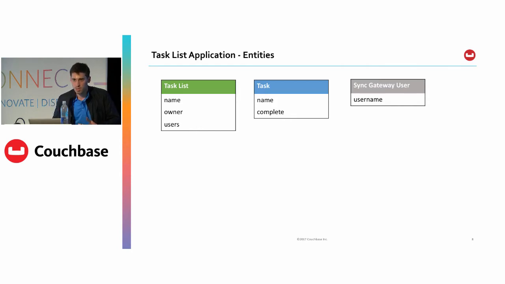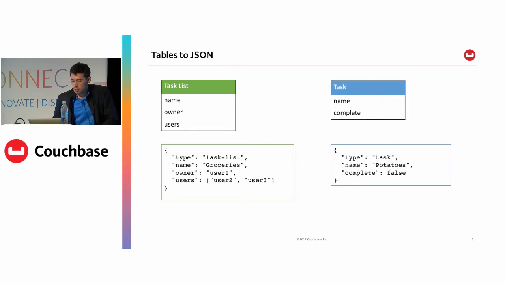It's defined on the server side, and the clients log in as their particular user. So then you translate that model into JSON. And you notice that we introduced a new property called the type, which is used to differentiate between documents, a lot like a table.